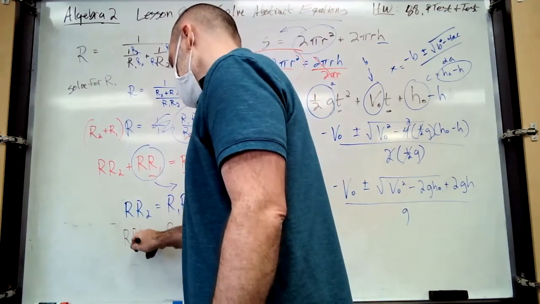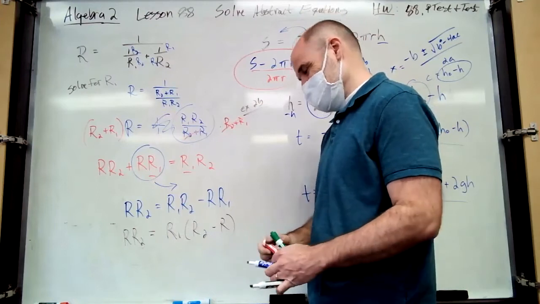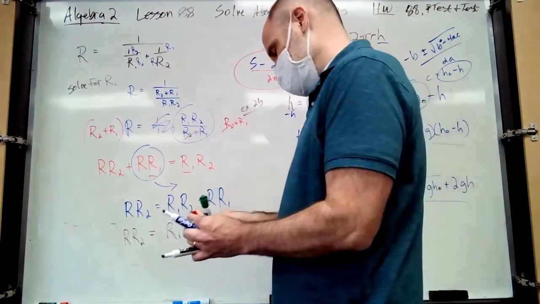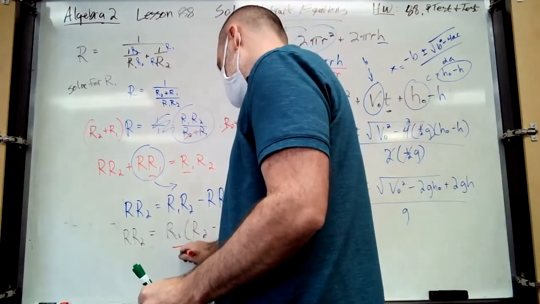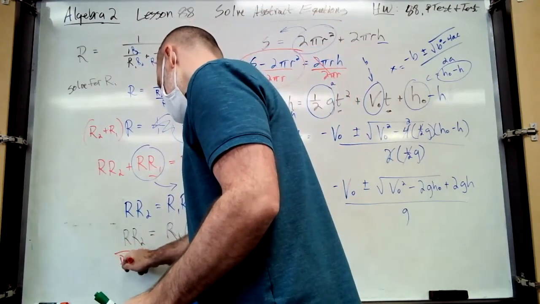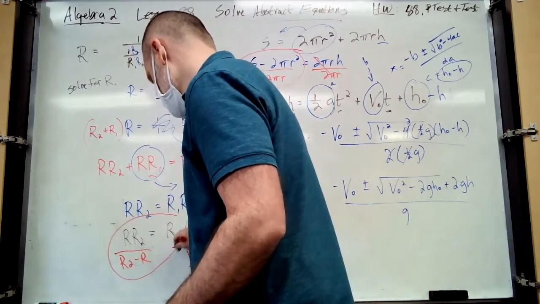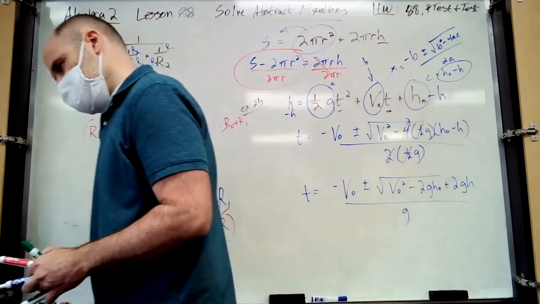So far, so good. Now, how do we get R1 by itself? By just dividing by R2 minus R. Yep, so now we divide by this big chubby coefficient. So R2 minus R, that cancels, and we're left with this. So messy.